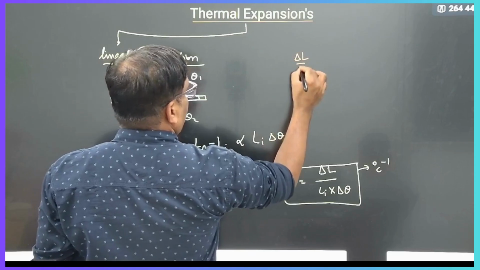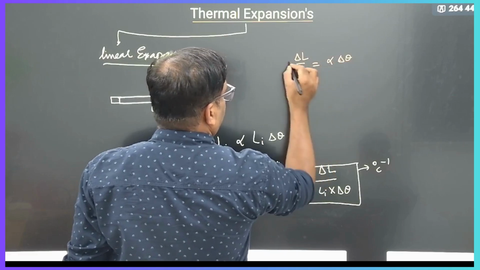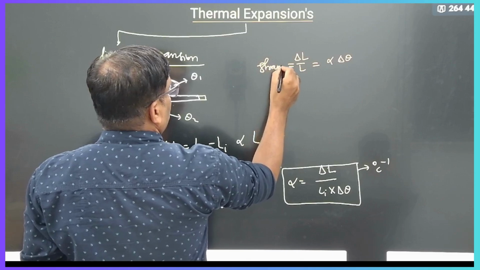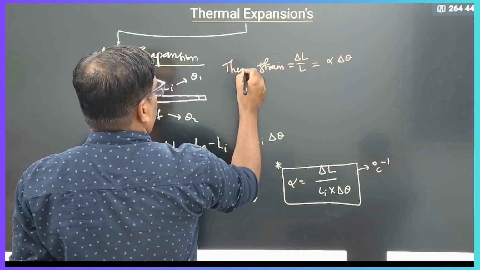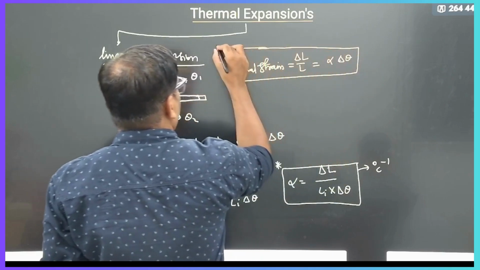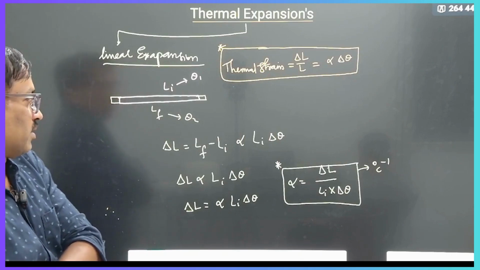Delta L by L equals alpha into delta theta. Delta L by L is nothing but strain. This strain is due to the rise in temperature, so you can call it thermal strain. So thermal strain is nothing but alpha into delta theta.